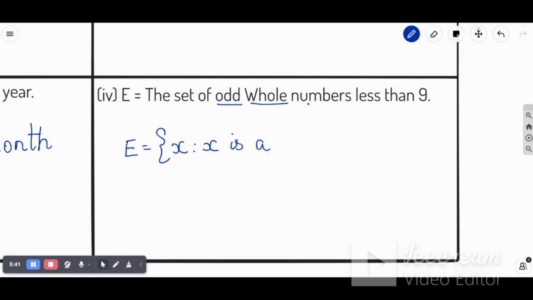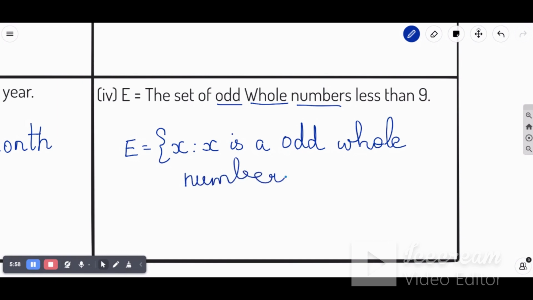Odd whole number less than 9. So we can write it as x is an odd whole number. Be sure that you write only the singular form here. So odd whole number, and then you have to put less than 9 also here.